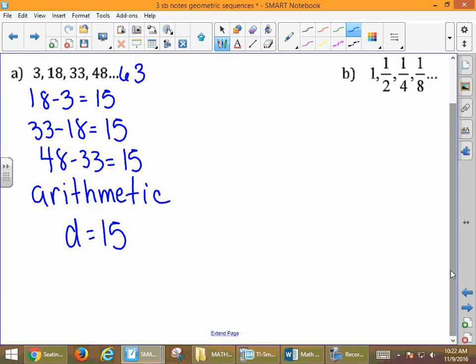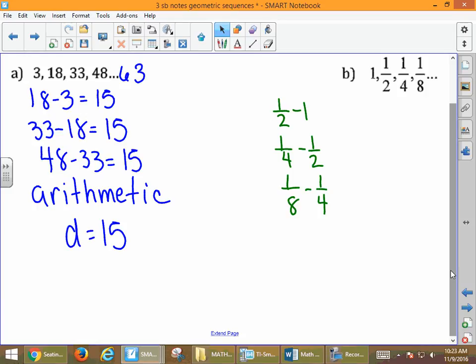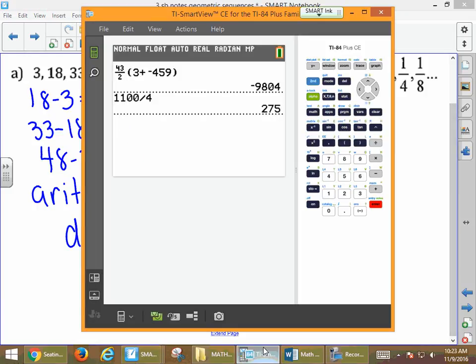But when we look at this next one here, if we try this, we can try 1/2 minus 1. Don't write this down. And we can try 1/4 minus 1/2. And then we can try 1/8 minus 1/4. But don't write it down. Because when we do 1/2 minus 1, we get negative 1/2.